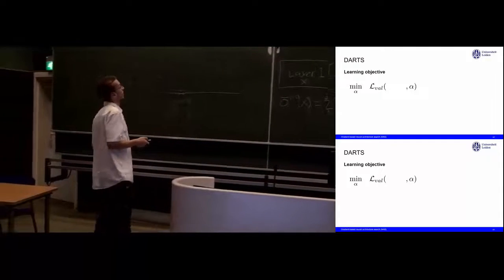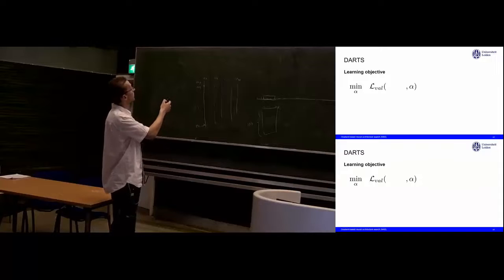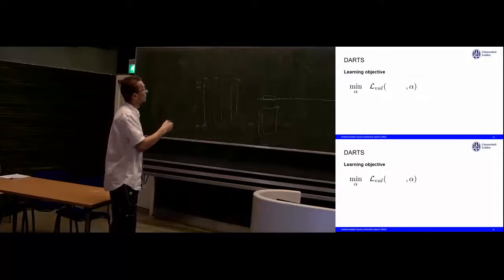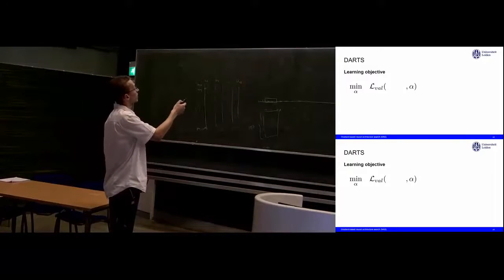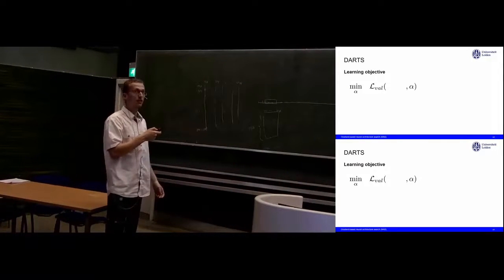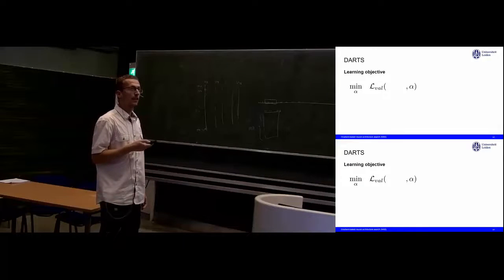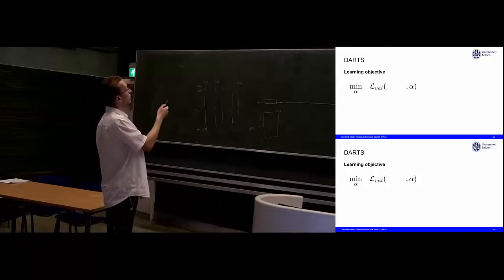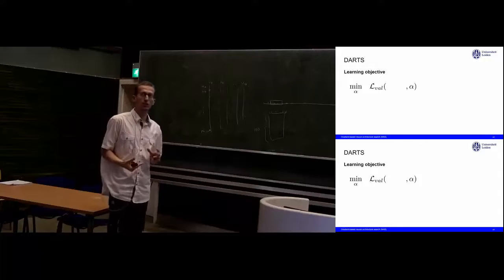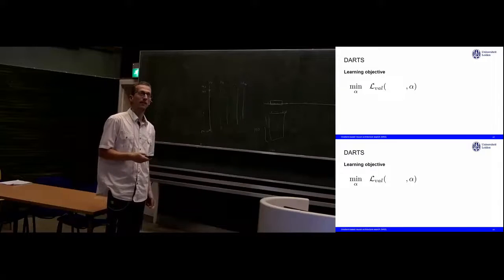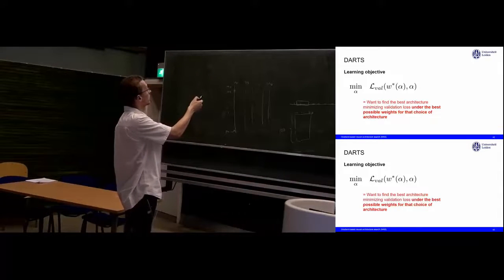So in the end, we are only interested in finding the best architecture, which minimizes the validation loss of our network. And of course, the validation loss depends on our architecture coefficients alpha, but also on the weights of our neural network. And what we do in DARTS is we say that we're going to optimize the architecture, assuming that the weights of the operations that we have chosen are optimal. So that we fill in here W star given this architecture.